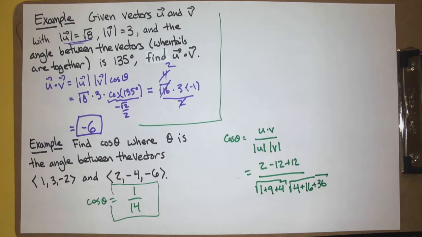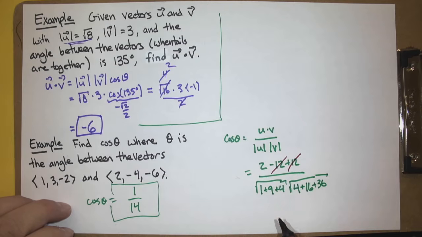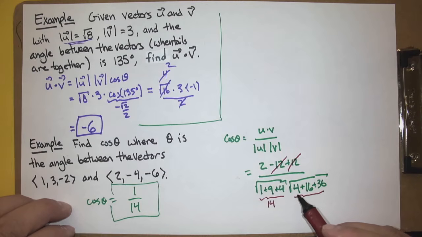All right. Now we say, well, simplify. The 12s cancel. That's a good sign. 1 plus 9 plus 4, also known as 14. Now, 4 plus 16 plus 36. Well, 4 plus 16 is 20. Add 36, that's 56. Also known as 4 times 14.